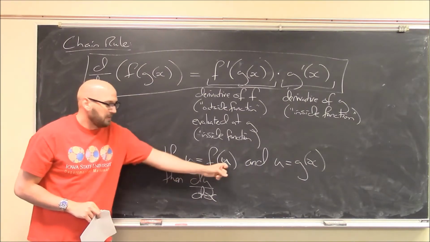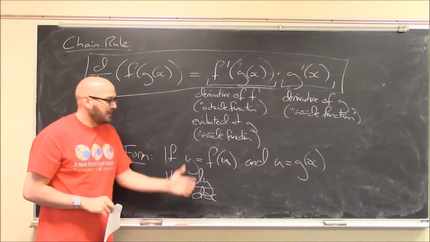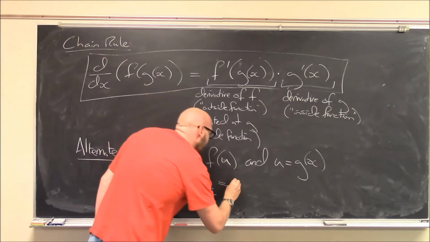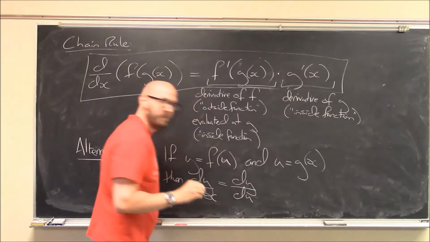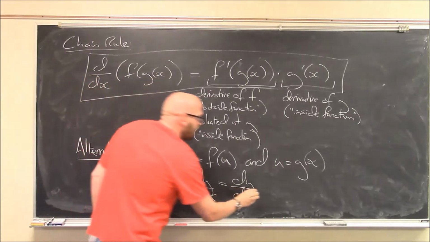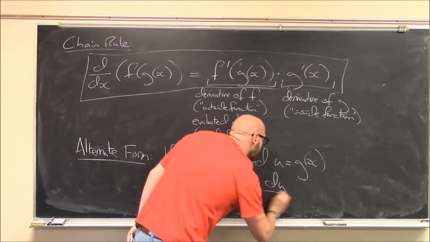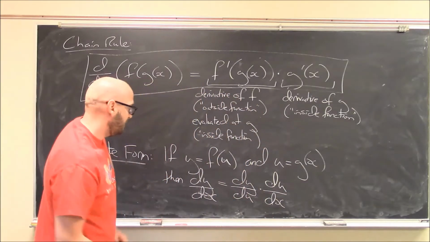Because you're given y as a function of u. So differentiating y with respect to u would be easy, but how do you differentiate with respect to x? Well, what the chain rule is really saying is take the derivative of y with respect to u first, and then multiply by the derivative of u with respect to x, du/dx.